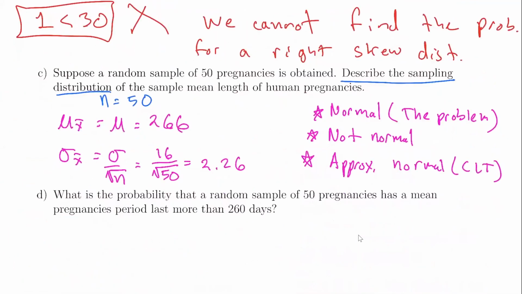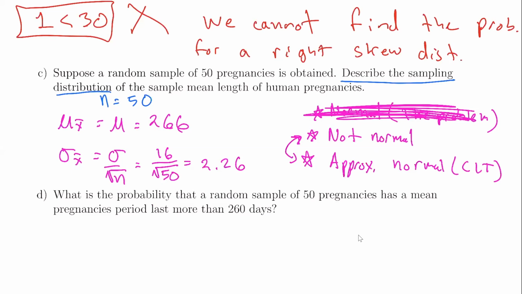So we're definitely not going to say it's normal. We're either going to say it's not normal or approximately normal. To be approximately normal, it has to pass the condition of the central limit theorem. Remember, the condition says n has to be bigger than or equal to 30. If it's less than 30, then we say it's not normal.